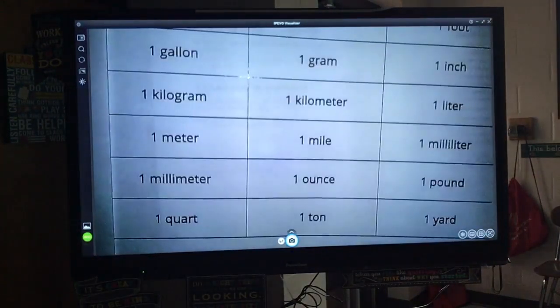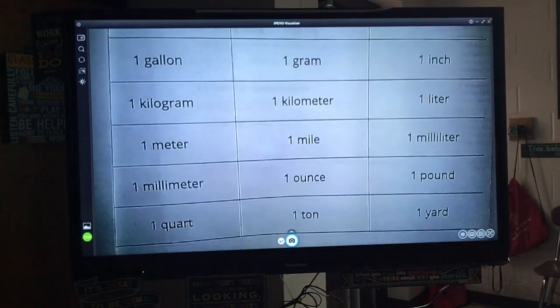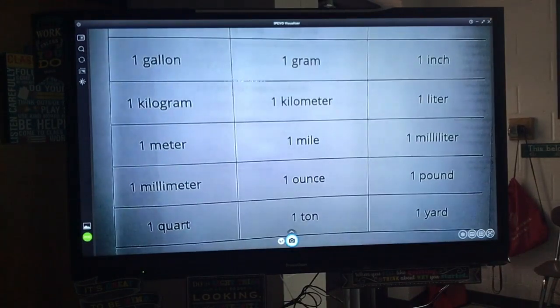Every group is gonna get one of these. Then you have pictures of objects. And it tells you length of a thumb. It tells you length from your chest to your fingers, that kind of thing. This one is a little bit different. And this one is a little bit different.